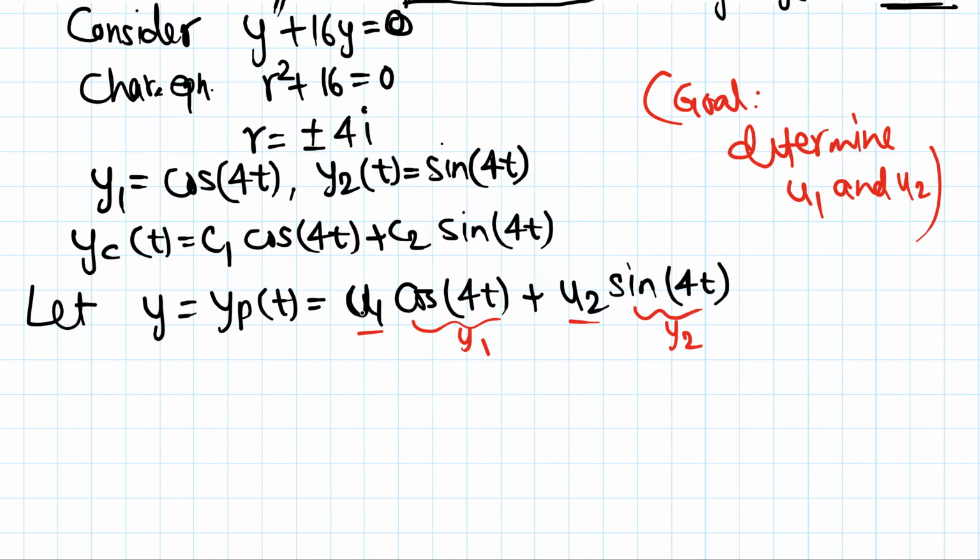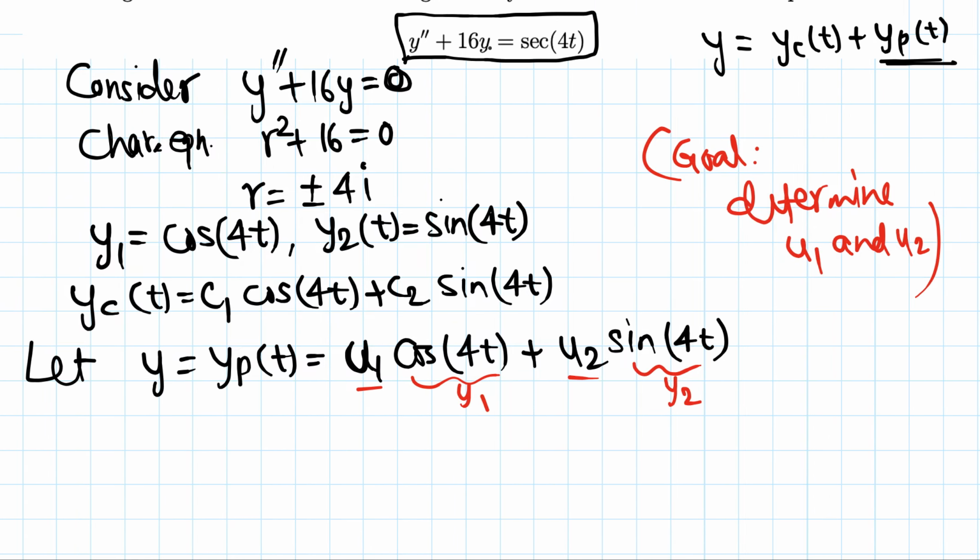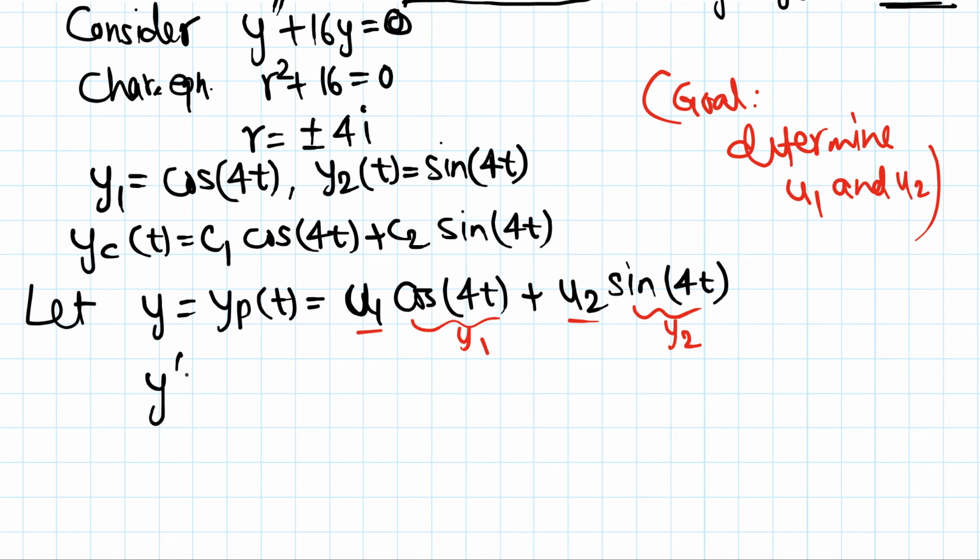To plug in here we need to find y prime and y double prime. I'm writing y1 so that I don't have to find the derivative yet. So let's find the derivative. This is a product, so using the product rule: derivative of the first factor, leave the second alone, plus derivative of the second factor, leave the first alone.